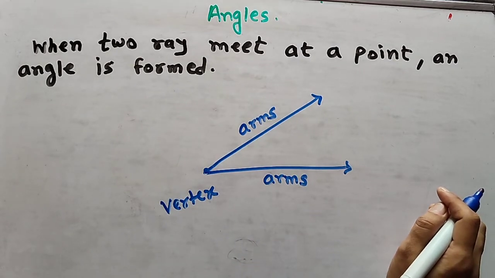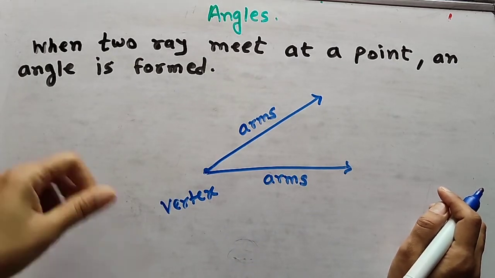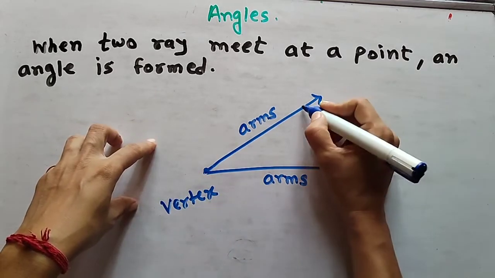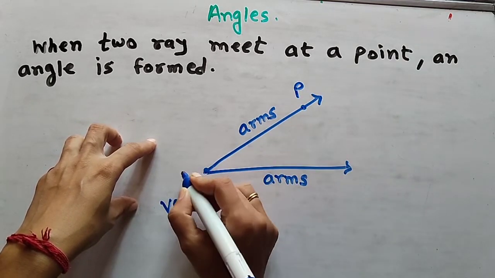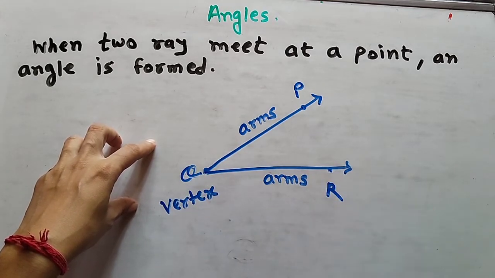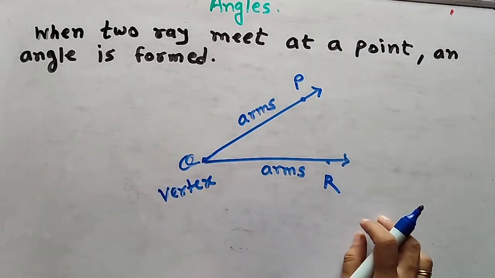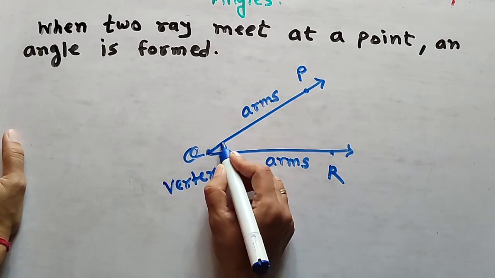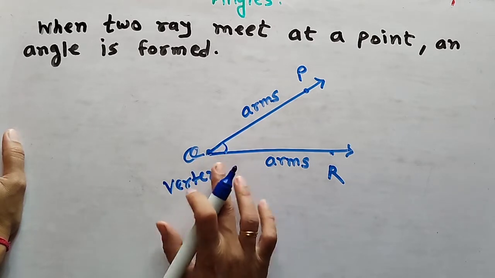Then, suppose we write the name of this angle. This is P, Q, and this is R. Okay, we write the name PQR, angle PQR. So this is the vertex, where the angle is formed.